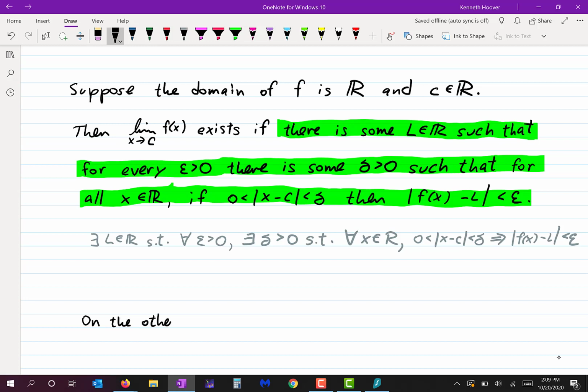On the other hand, the limit of f of x as x approaches c does not exist if, and we'll be able to complete that sentence. Okay, so let's negate what we have up here. All right, it's not going to require anything new. Everything you need to know is earlier in this lecture.